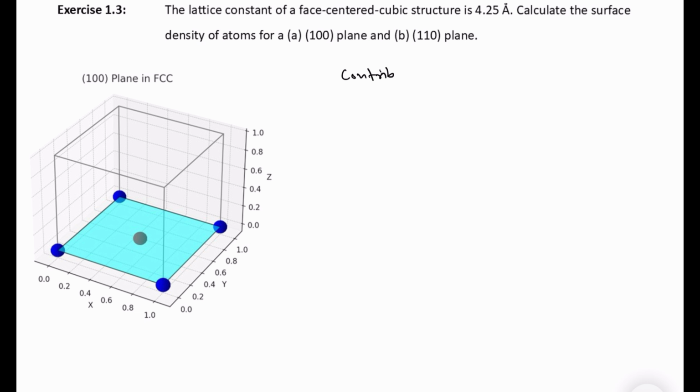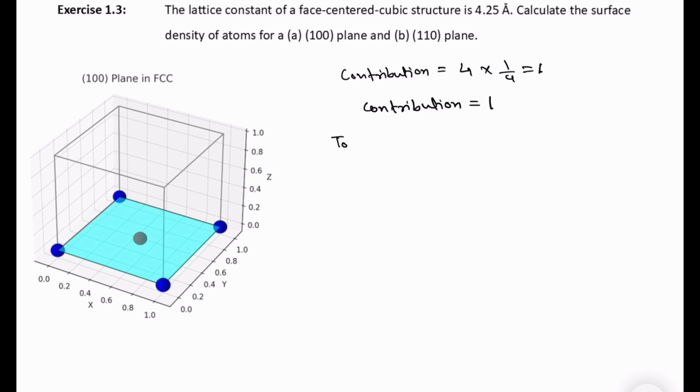Therefore, the contribution is 4 into 1 by 4 is 1. Also, we have one face centered atom entirely within the plane and the contribution is 1.